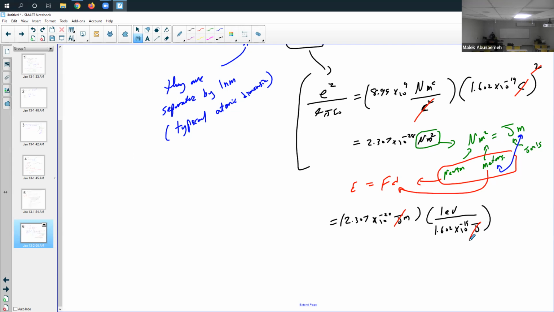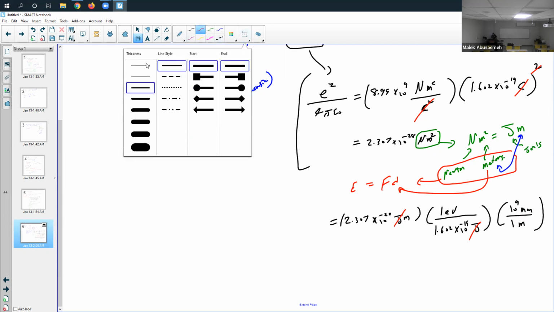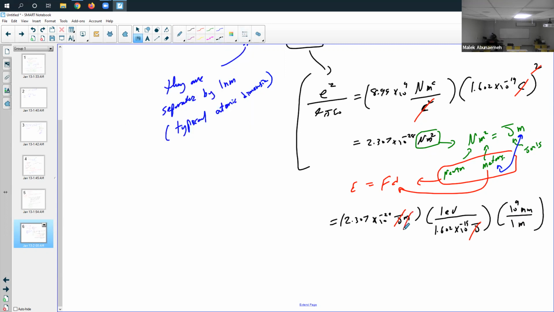But then we're talking about the atomic level, so we have to go to nanometers. We're going to multiply this by 10 to the 9th nanometers for every 1 meter. That way our meters cancel with meters and you're going to have nanometers.